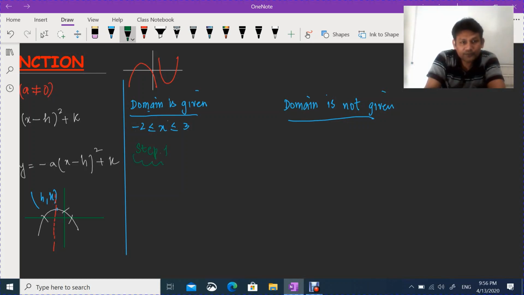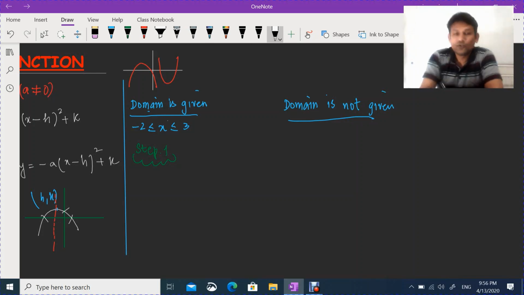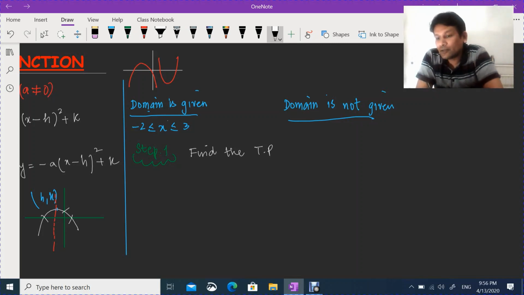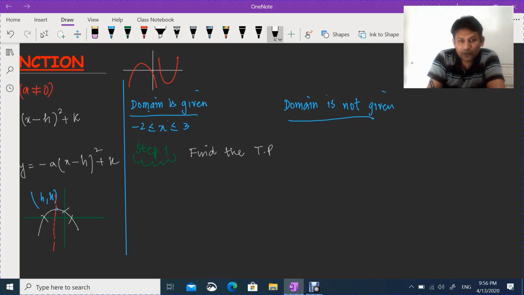Step number 1 is find the turning point. When you find the turning point, you have to convert into complete square form by writing it into complete square form.